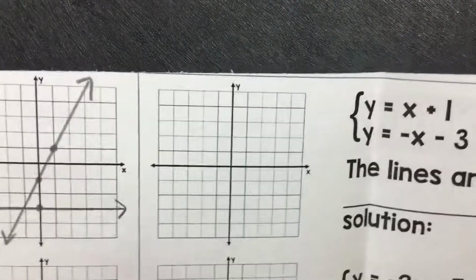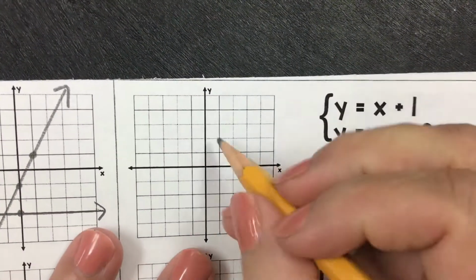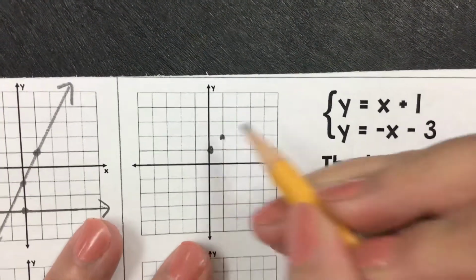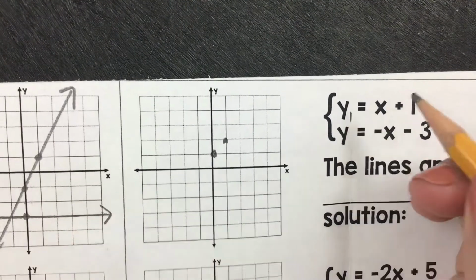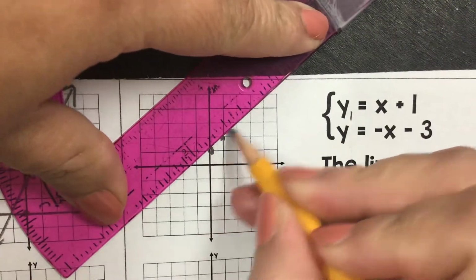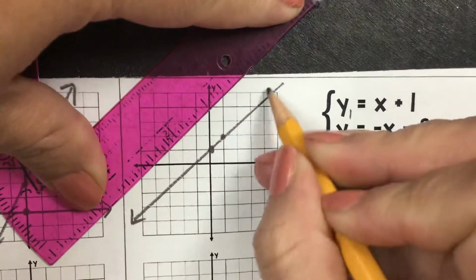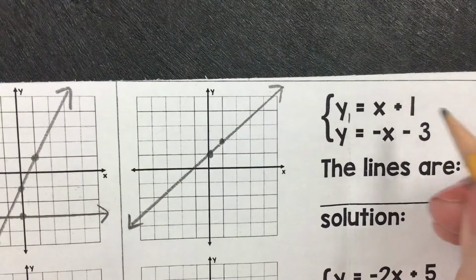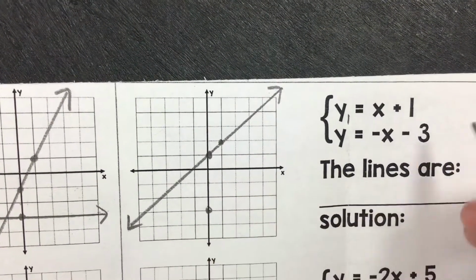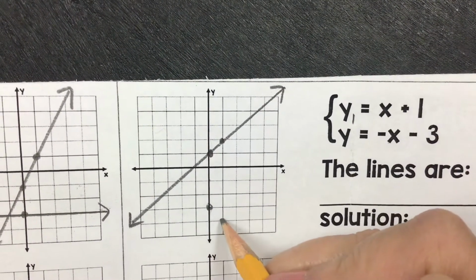Okay, so let's take a look at that again. We're going to graph the two lines, up 1 to the right 1 is your y1, the first equation. The second equation is -3, 1, 2, 3. And this would mean down 1 to the right 1.